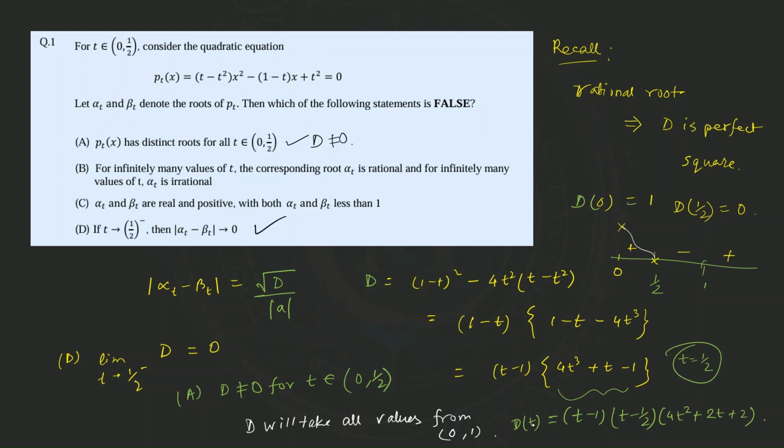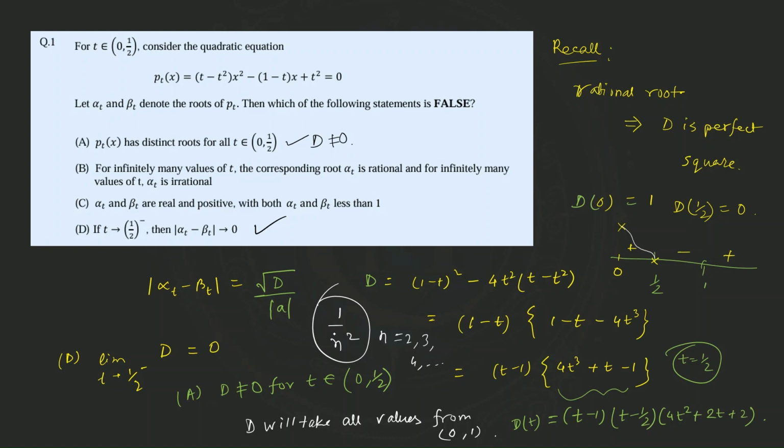Now, in between 0 to 1, how many perfect squares are there? Yes, you are right. There are infinite numbers of perfect squares. How? Let's say we take the form 1 by n square, for n equal to 2, 3, 4, and so on up to infinity. We can take any natural number n greater than or equal to 2, and we will get a number between 0 and 1.